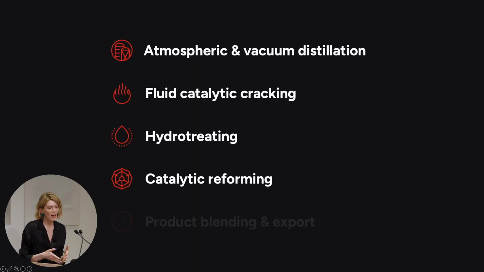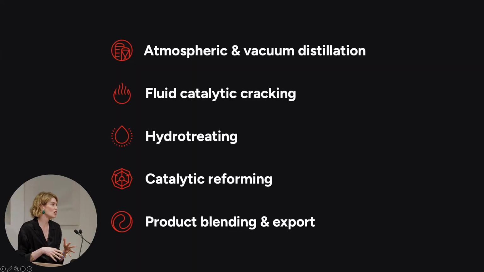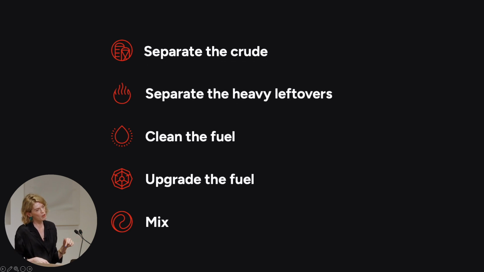I'm going to take a moment and explain what some of those needs are in a refinery to make this very complex and technical world relatable and clear for those of you who might not be familiar with it, a little bit like Orbital does. At a refinery, our users' needs are concentrated in 5 key activities: distillation, cracking, hydrotreating, reforming, and blending, or for those of you who don't own your own pair of steel-toed shoes, that means you have to separate it, clean it, upgrade it, and then mix it just right.